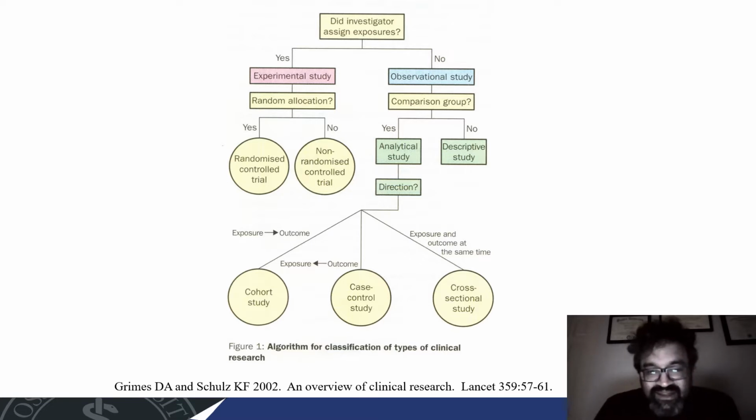So looking at an algorithm for classification of types of clinical research. When you look at whether the investigator assigned exposures, for an experimental study it was yes, for an observational study no. And so there's a difference between experimental and observational studies.